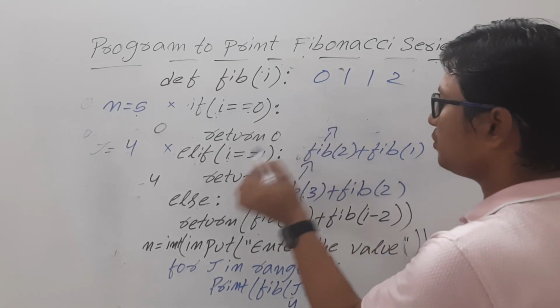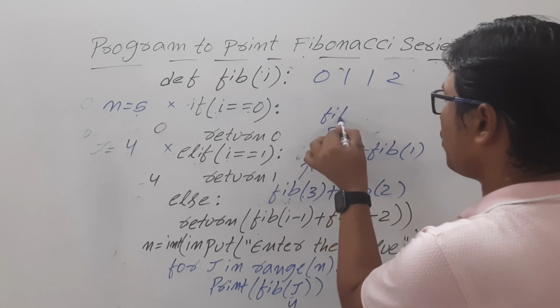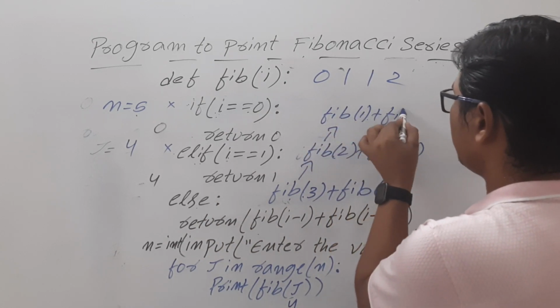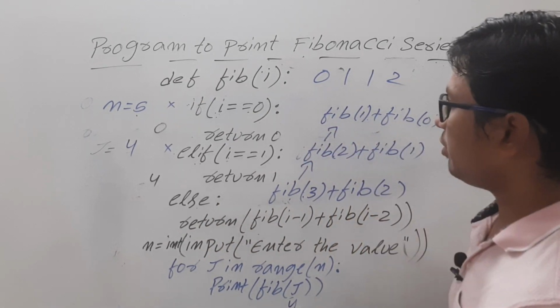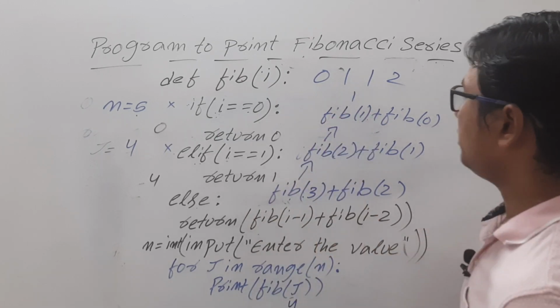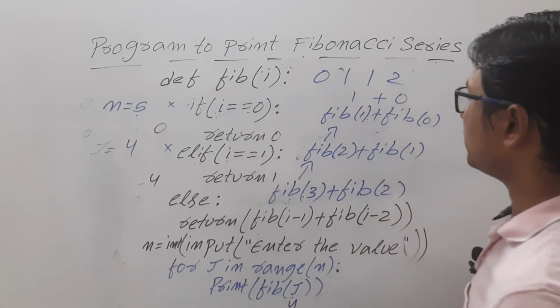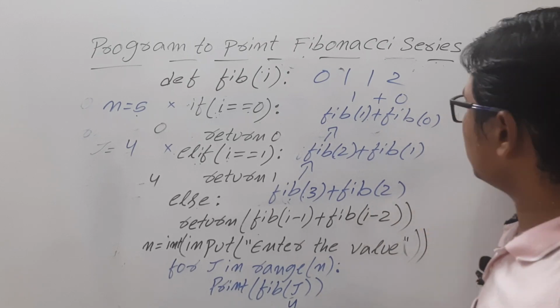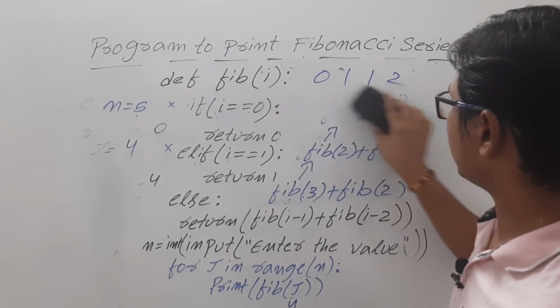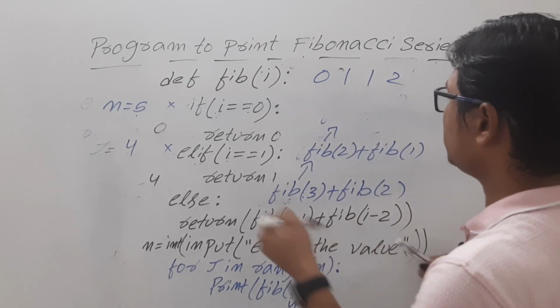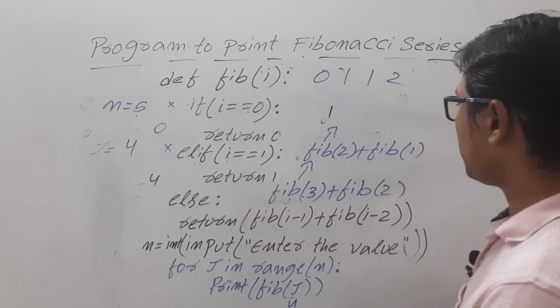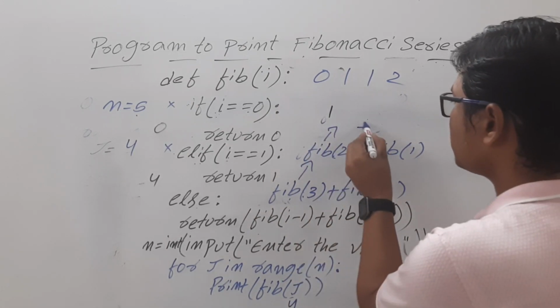Now fib of 2 is what? Fib of 1 plus fib of 0. Now fib of 1 will give you the value 1, and fib of 0 will give you the value 0. So 1 plus 0, this part you got as 1. Now come to the fib of 1. Fib of 1 is what?